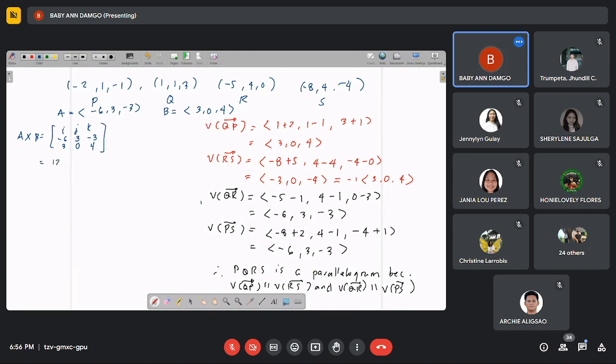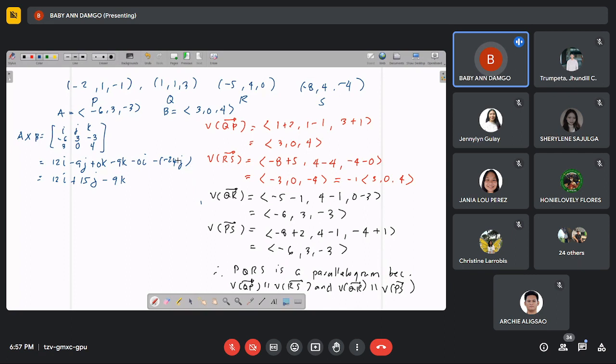So this is 12I, and then minus 9J plus 0K, and minus 9K, and then minus 0I minus negative 24J. Okay, so I is 12I, and J is plus 15J, K is minus 9K. So we have 12I plus 15J minus 9K.